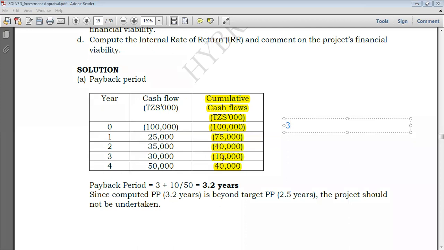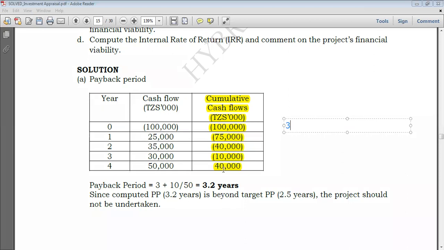Now ask yourself, at the end of year 4, to recoup the investment, we have to move from negative 10,000 to 0. To 0 means that cash inflows and cash outflows will be the same, or simply speaking, the initial investment will be equal to the other cash flows.